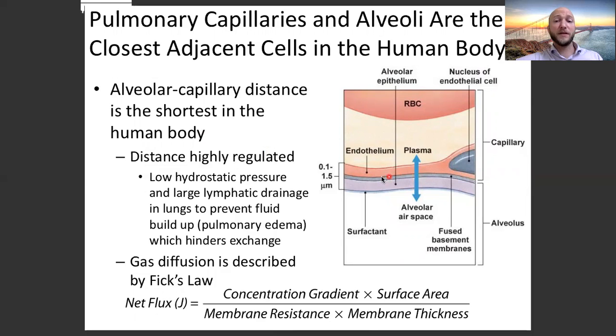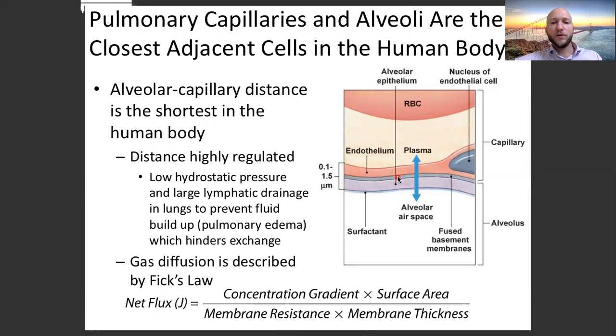So we want a thin membrane. This interstitial space, between the pulmonary capillaries and the alveolar space, is very, very narrow, which allows for fast gas exchange between the two.